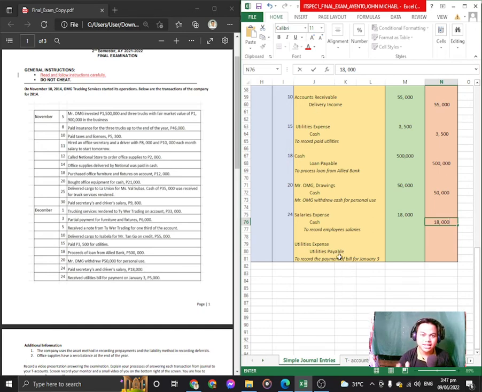So ang tawag na niya kay gamiton man nato magasto man ta. So, ang tawag na ito na siya for debit is utilities expense to the amount of 5,000 pesos. So, katong utilities ito kay bayaran man. So, atong tawagan na sa for credit is utilities payable. So, the total amount is 5,000 pesos.